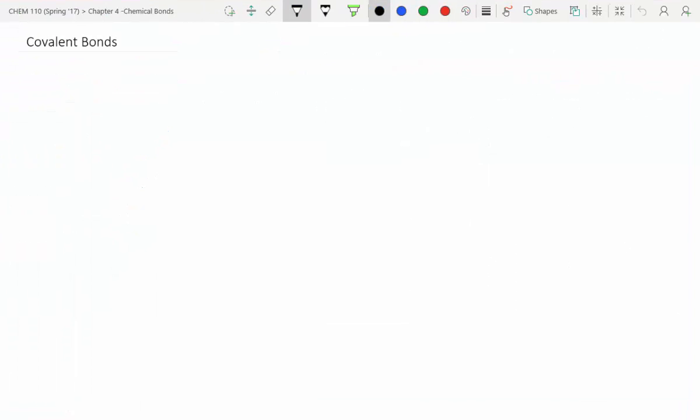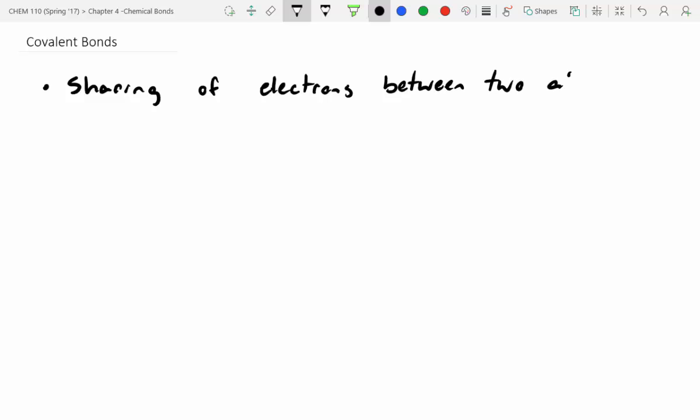So let's define covalent bonds in a little bit more detail. We said covalent bonds occur when there's a sharing of electrons between two atoms. And we said that this typically occurs when you've got a small difference in electronegativity.